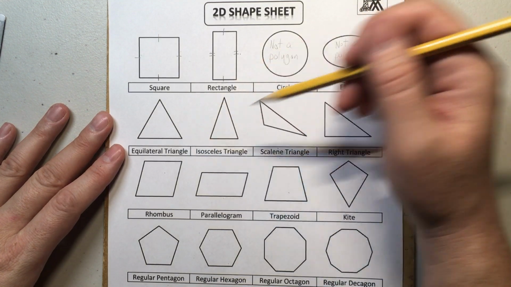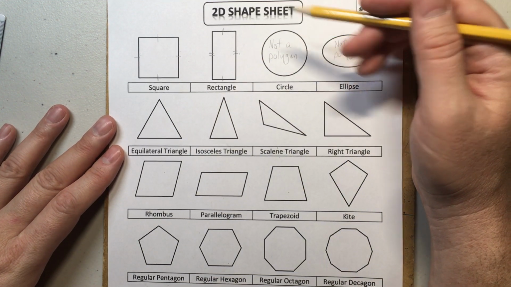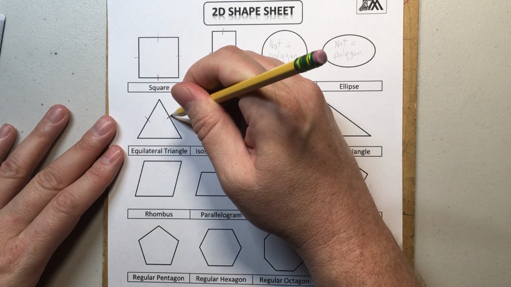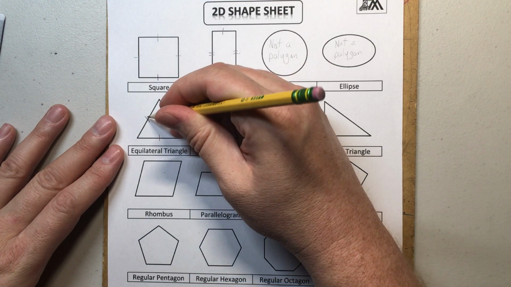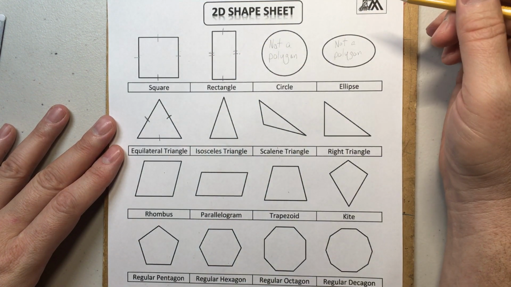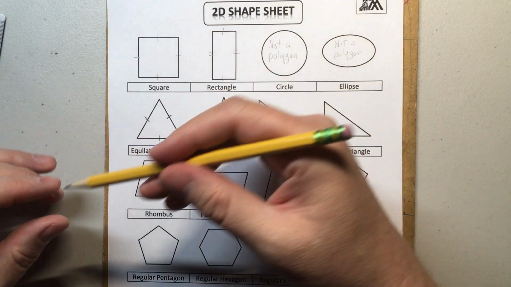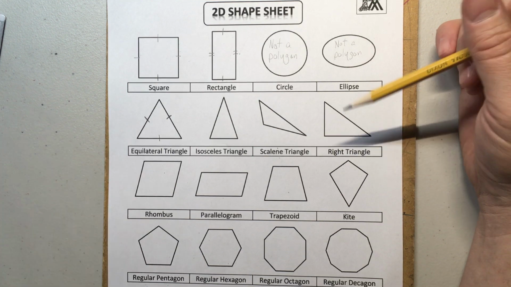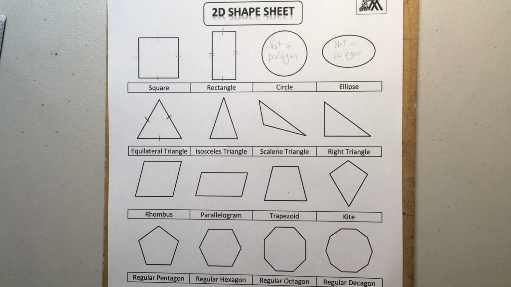Now we're going to look at the equilateral triangle. I know that this side is equal to this side, which is equal to this side. That's why I have 1 hash mark for each. What makes these different triangles? I'm going to show you exactly what makes these different triangles right now.